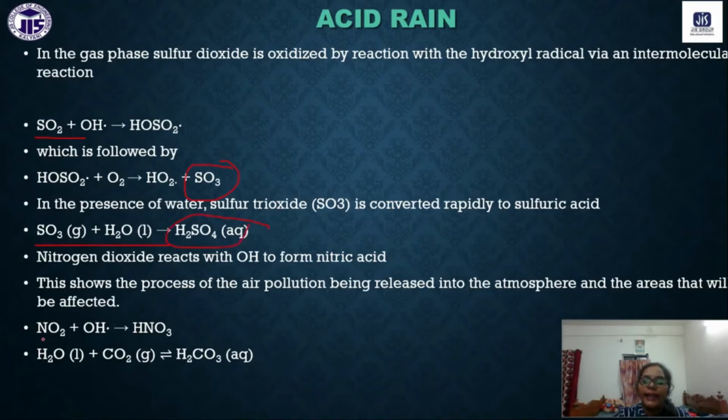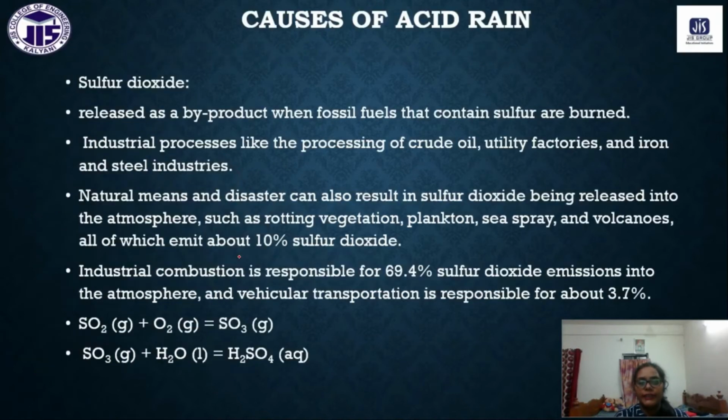Again, the nitrogen oxide will attach with the water molecule and form HNO3, nitric acid. Again, excessive amount of carbon dioxide will attach with the water molecule and form carbonic acid. So these are some of the reactions that we have incorporated into acid rain.